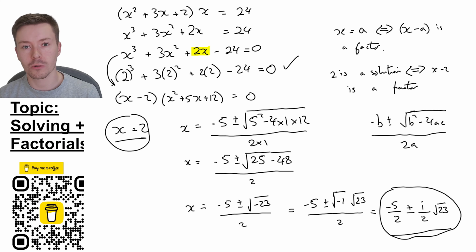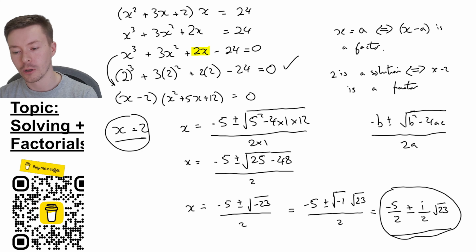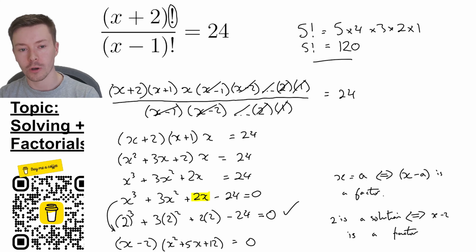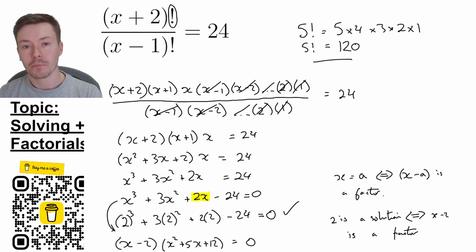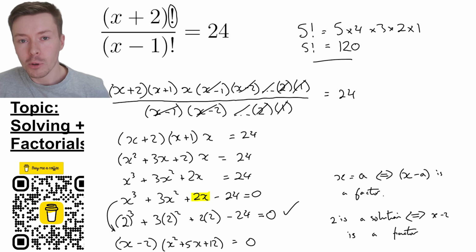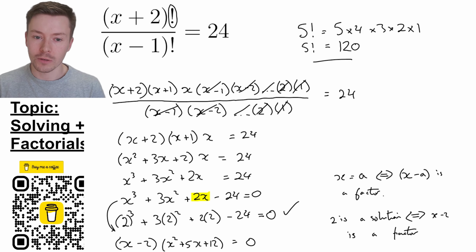Now, that's great in terms of, we've got those solutions, but if we go back to the question, would an imaginary solution work in here? Because of the way that factorials are defined, it's not going to work, because factorials are only used with positive whole numbers, positive integers.